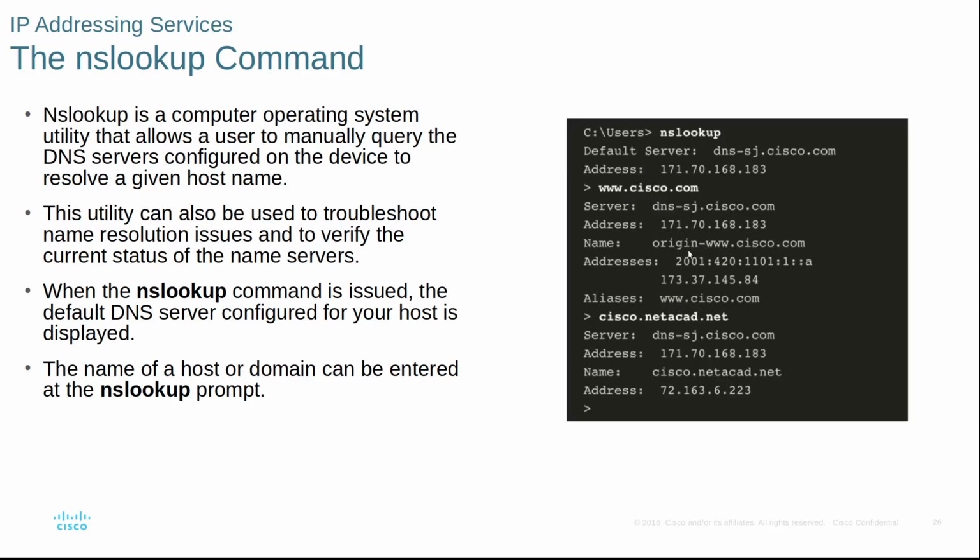In this case, its name is actually origin www, its alias is www. Alias allows you to map one name to another record that already has a name. And you can quit this at any time by typing, I think it's quit, it might be exit. I always get it mixed up and type the wrong one invariably. You can continually look things up in this until you're done, then you just get out.